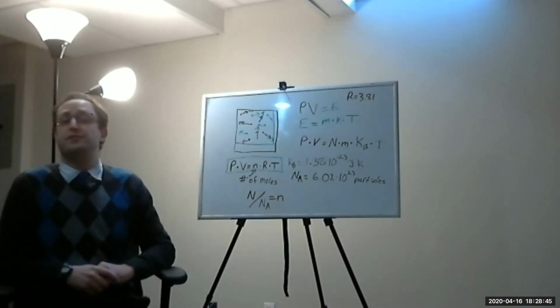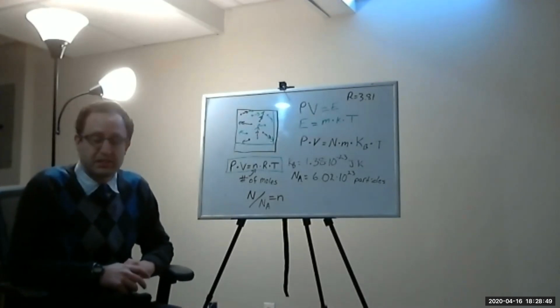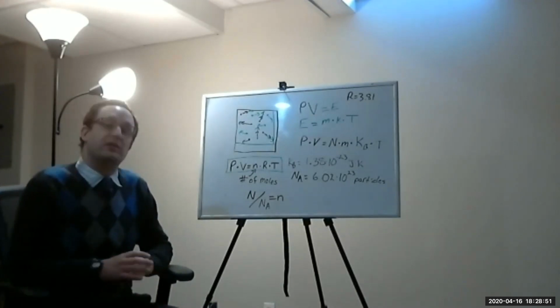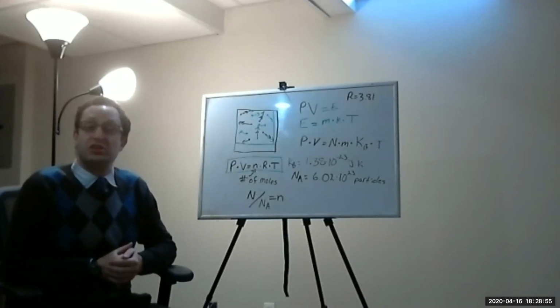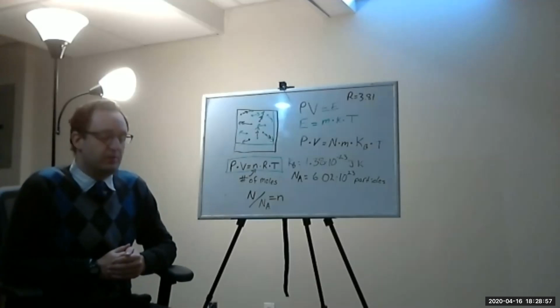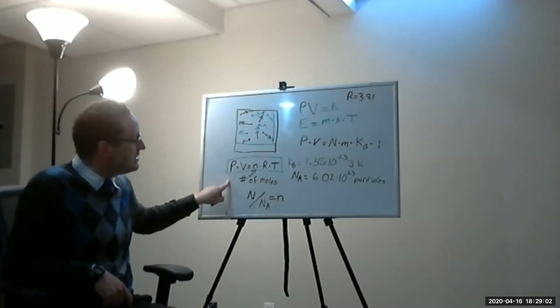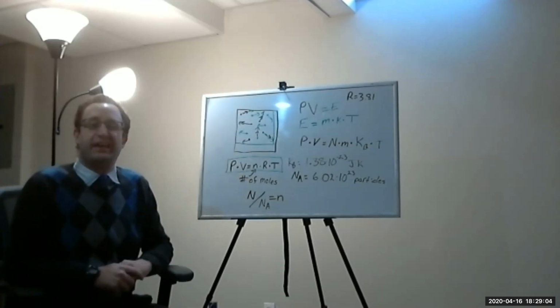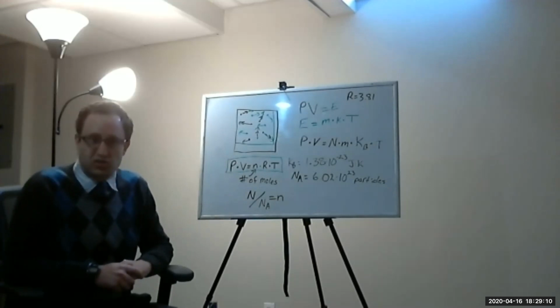There are a couple of different versions of what we call the different processes when we're keeping one of the variables constant and changing the other two. For example, what I just talked about, where I was keeping the pressure the same and changing my volume, we call that an isobaric process, which is just a fancy way of saying the pressure doesn't change.